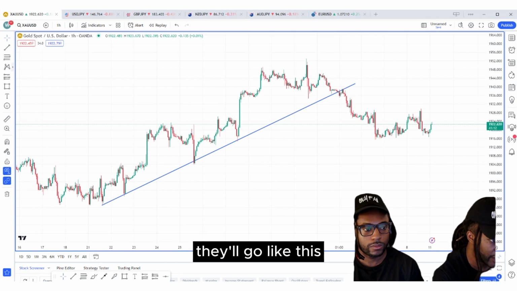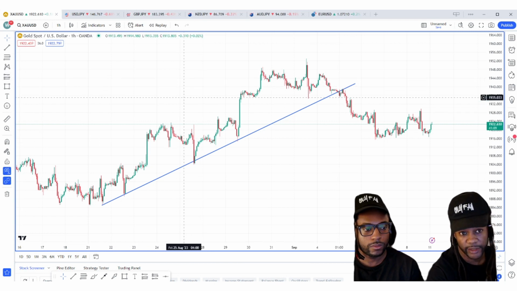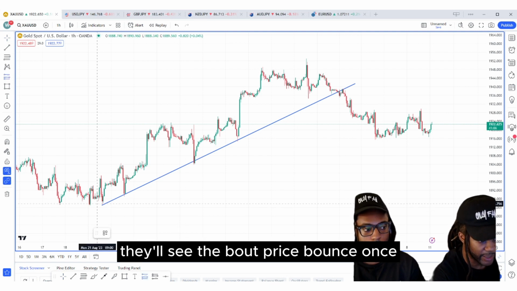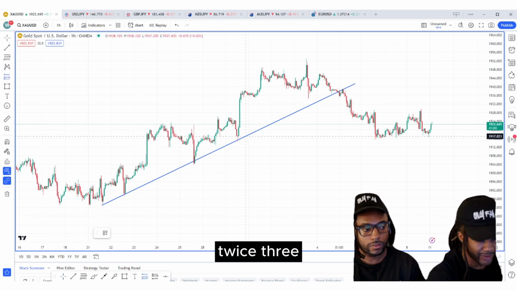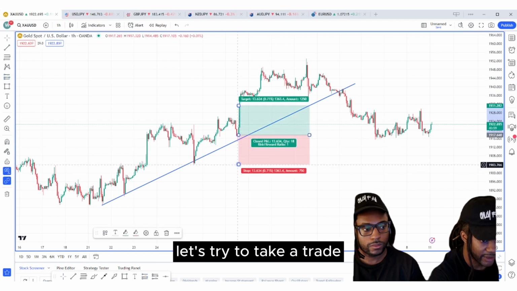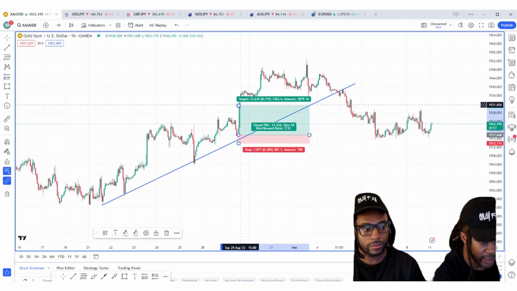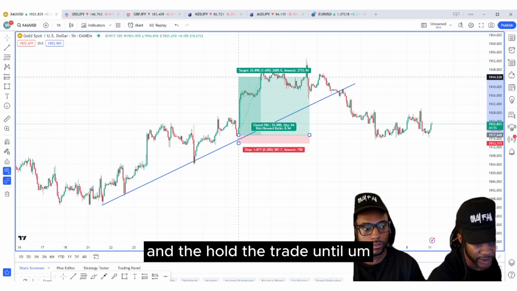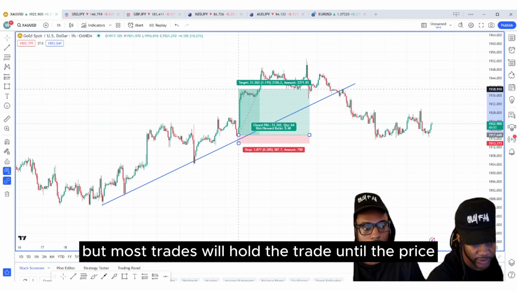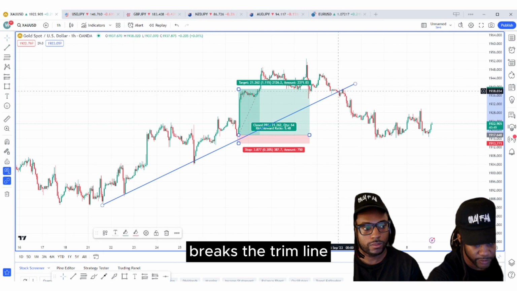Now most traders, and you guys are starting to learn how to trade using these tools, will see the price bounce once, twice, three times. Oh man, this trend line is strong. They bounce off again, reject, and they'll say, all right, let's try to take a trade. You can get out when you want, but most traders will hold the trade until the price breaks the trend line.